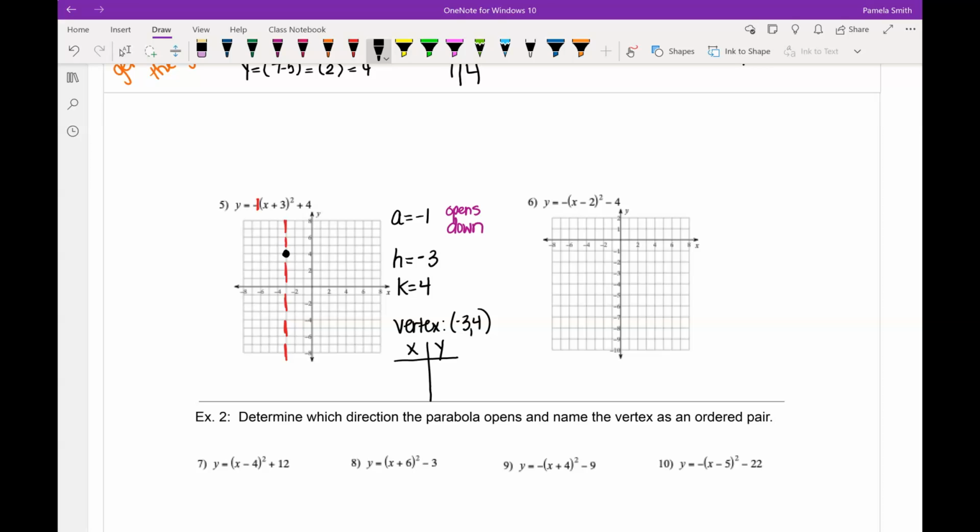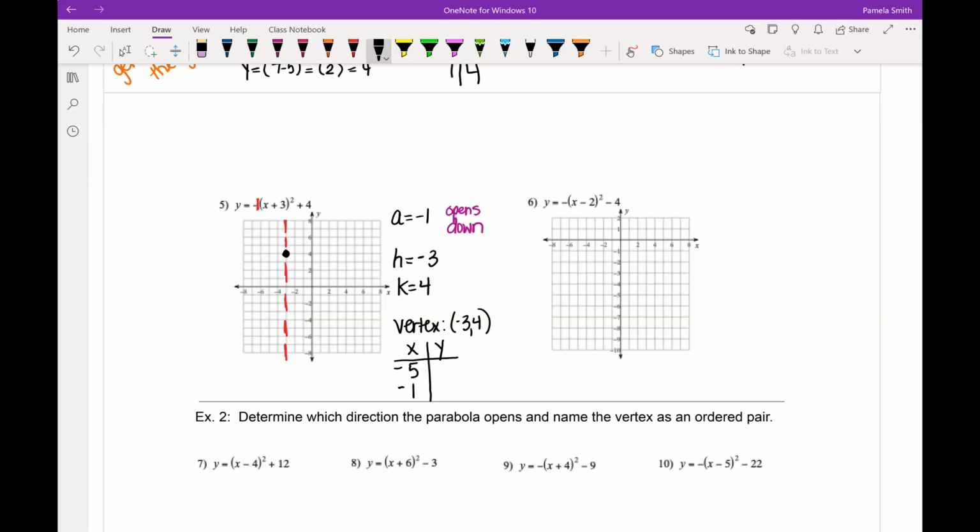So if the vertex is at -3, 2 units to the left of that would be -5. 2 units to the right of that would be -1. So those are the 2 points that I'm going to substitute in to be able to help me get the shape of this graph.